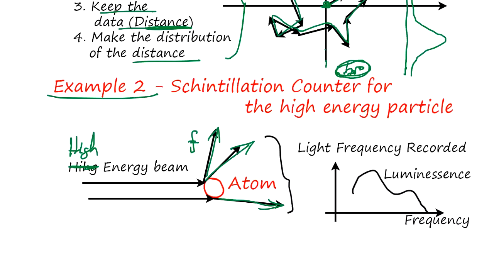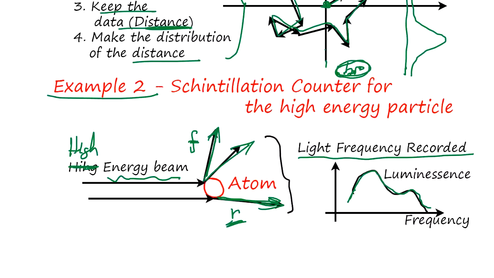If it scatters very hard, then high energy, like a blue light. If it scatters only slightly, then it's more red light. So you can get the light frequency recorded, and you get the spectrum of light frequency. And by looking at this, the energy beam level can be monitored.